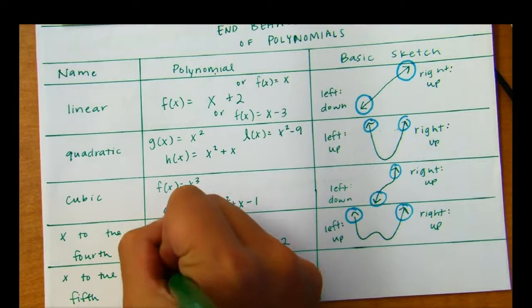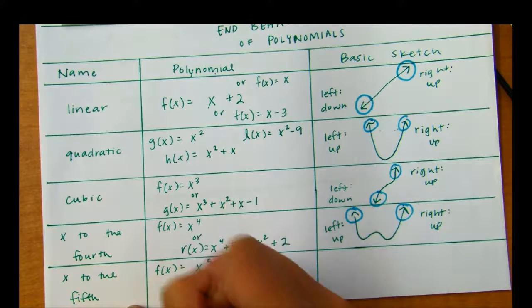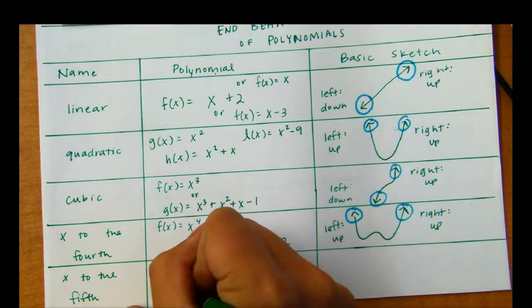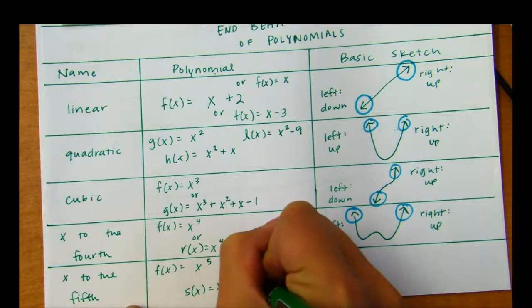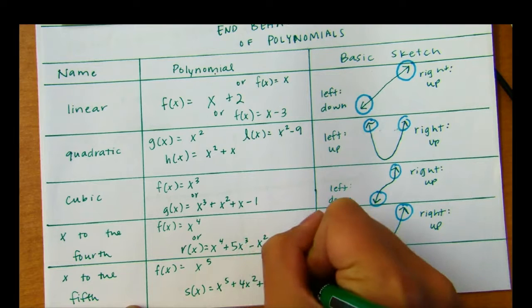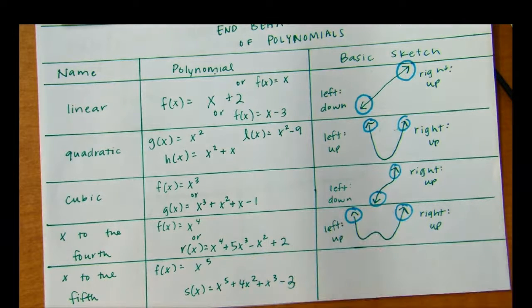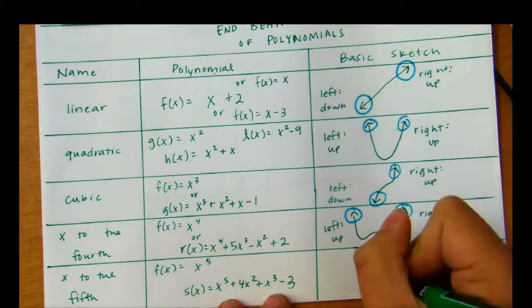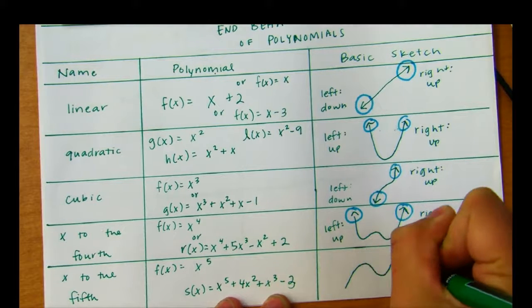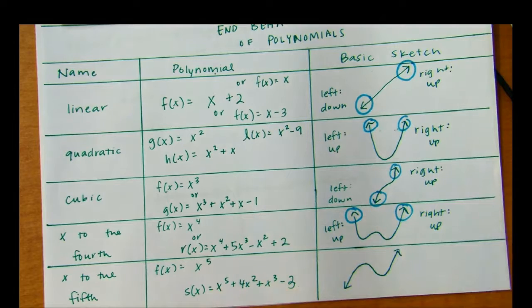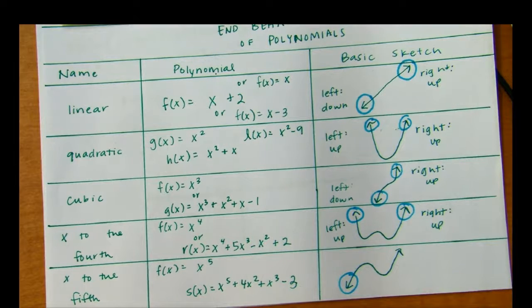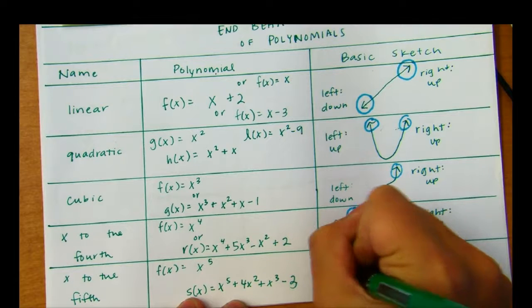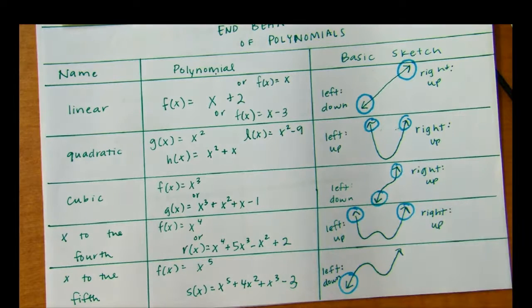If I've got f of x equals x to the fifth, or s of x equals x to the fifth plus 4x squared plus x cubed minus 3 or 2, whatever, this function is going to look something like this. It might have a little bump in between, but in my end behavior, the left end is going down and my right end is facing up.